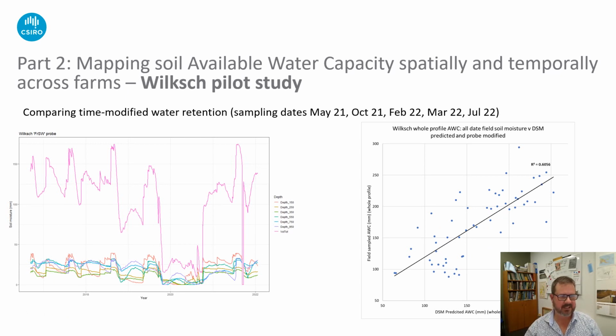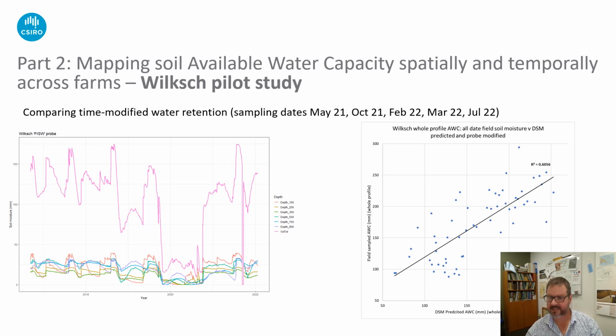Now we take the signal from the probe, FRSW, down at that front paddock, and we apply that normalized correction. This time we've got 4 dates, and we find that normalization process and then predict the DSM for each of those dates, testing against the field sample AWC and the predicted DSM AWC.